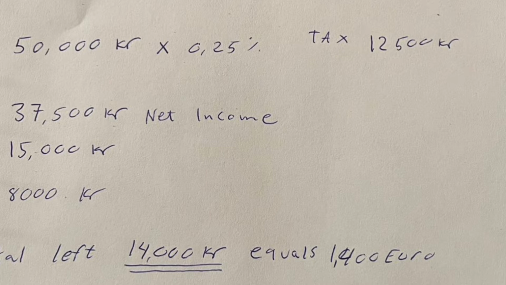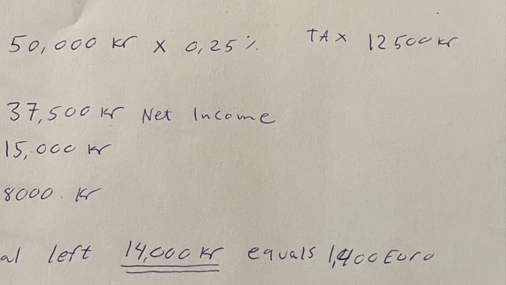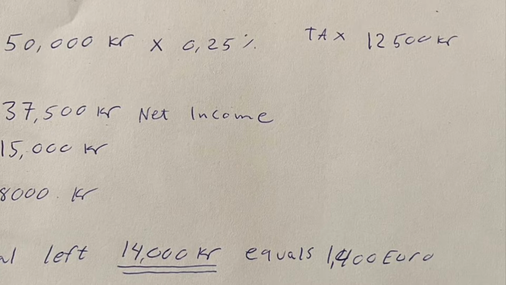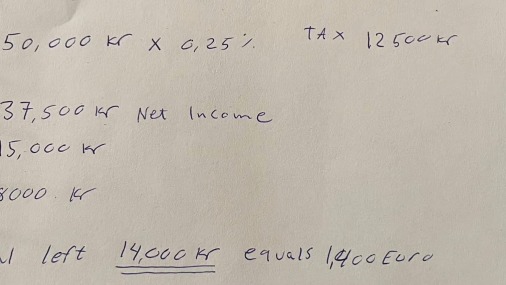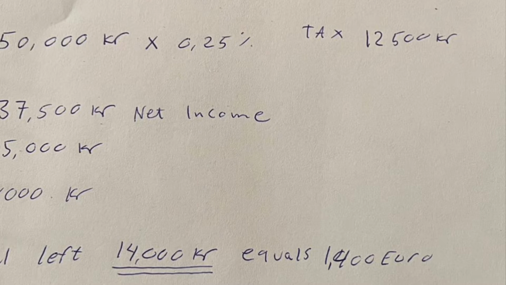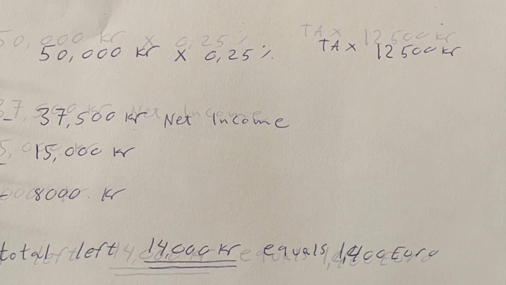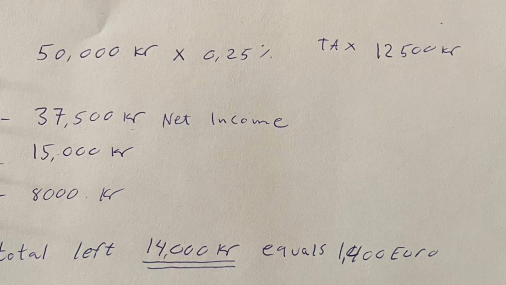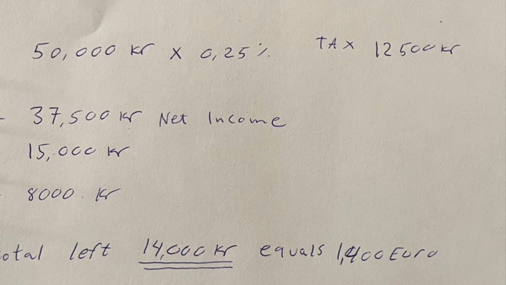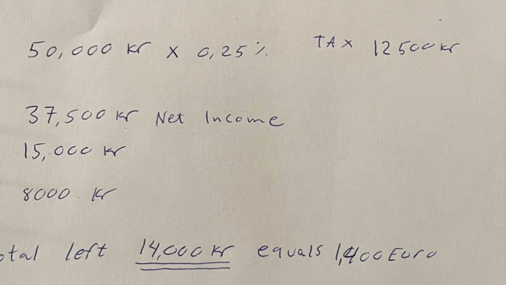So they tax you 6,250, and then I have made another one which is 30 to 35,000, where they tax you an equivalent of 7,500 and also 8,750. When it comes to 50,000, you get also the same 25%, and then you have to pay 12,500 kroners in tax.